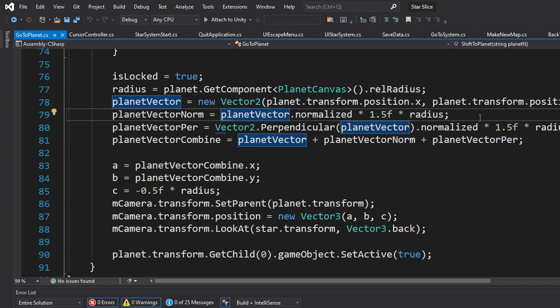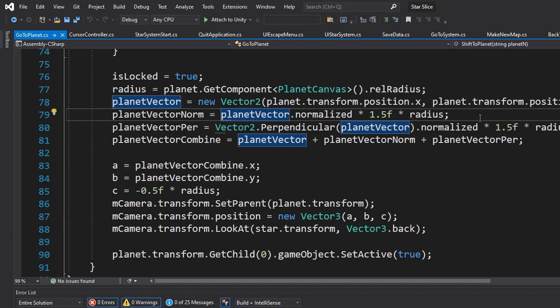So after that, according to the drawing, again, not totally inaccurate, we need to take that direction and make another vector that is perpendicular to it, and that's like the up direction, let's say.